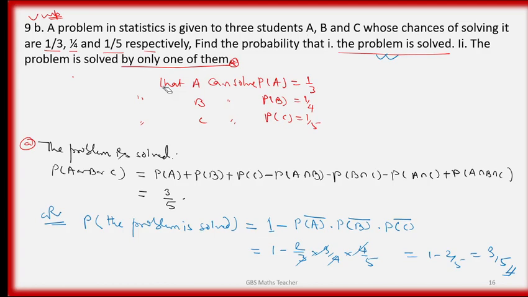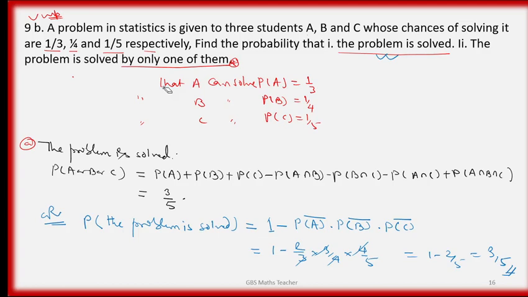Okay, the problem is solved by only one of them. अब यो सेकेन्ड पार्ट इम्पोर्टेन्ट छ डियर स्टुडेन्ट्स. एउटाले मात्रै solved by only one of them. ती मध्येको एउटाले मात्रै सल्भ गर्ने प्रोबेबिलिटी कति होला? That's probability of solved by only one of them.